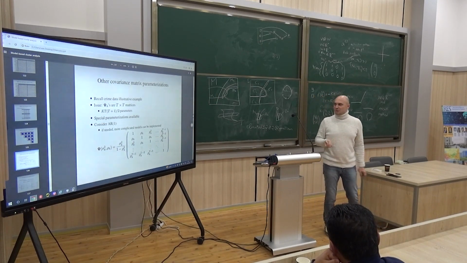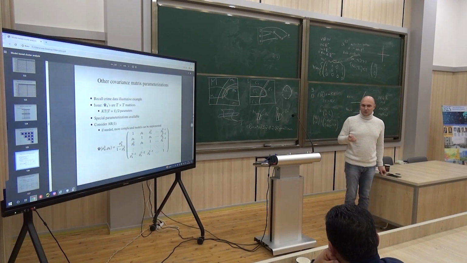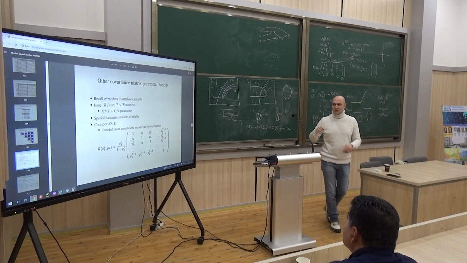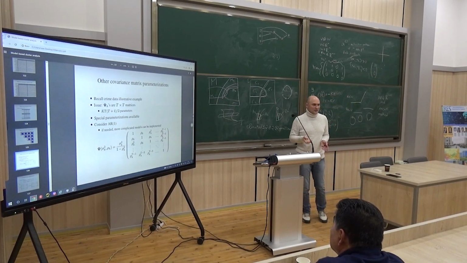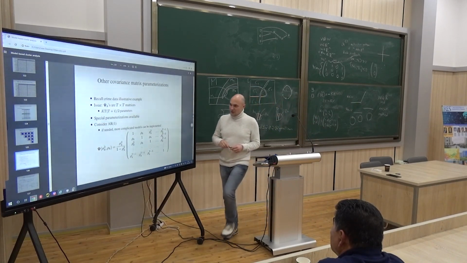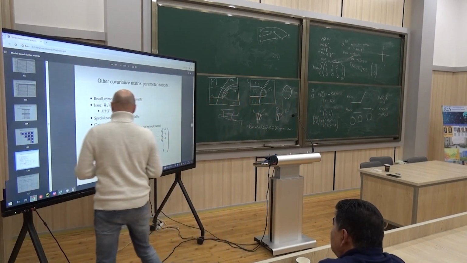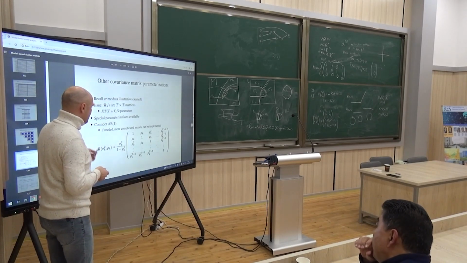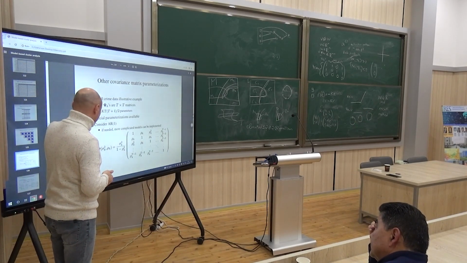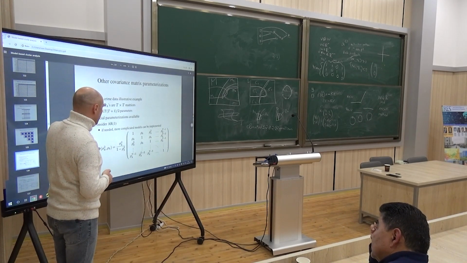So it would be nice, instead of assuming some general form of the covariance matrix, or even those parsimonious forms that we considered, to assume some time series related parameterization of covariance matrices. One possibility, the simplest model, is the autoregressive order 1 model.